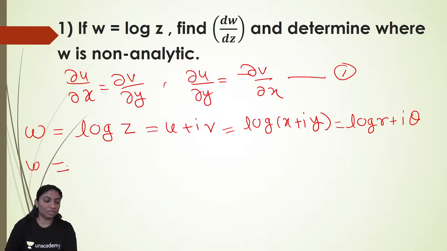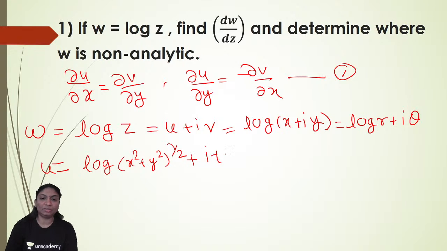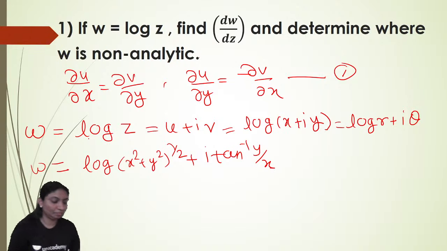Here u is log of r, that is log of (x² plus y²) raised to 1 by 2, plus i into theta, which is tan inverse of y by x. So here tan inverse of y by x is our v, and w is equal to log of this.